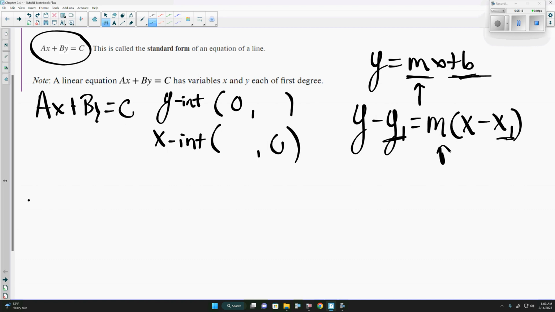Now, out of these three forms, standard form and slope-intercept are the easier ones to graph because we don't have to do a whole lot to them. If it's in point-slope form, we really need to get it back into slope-intercept form to have a better idea of how to graph it. But other than that, not too much so far.